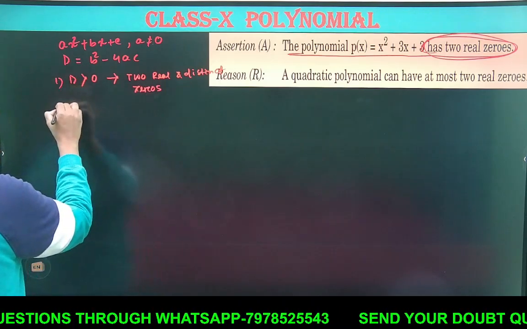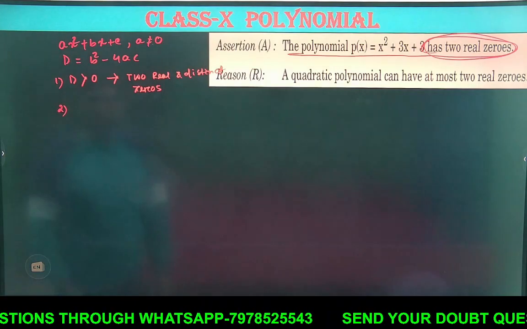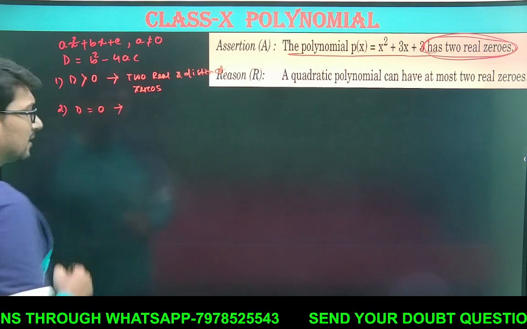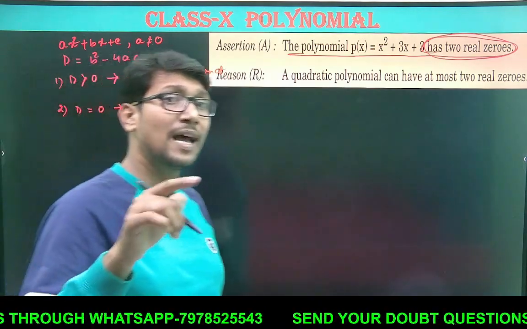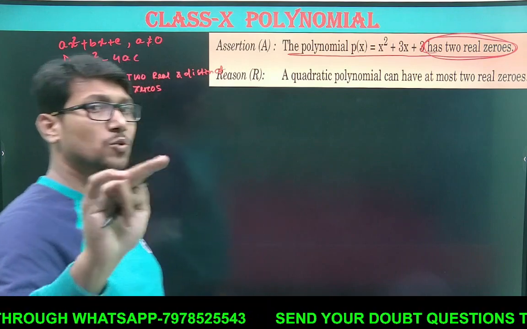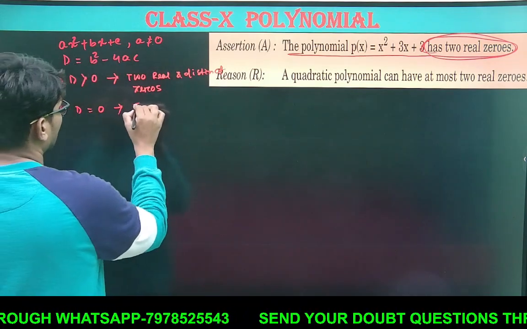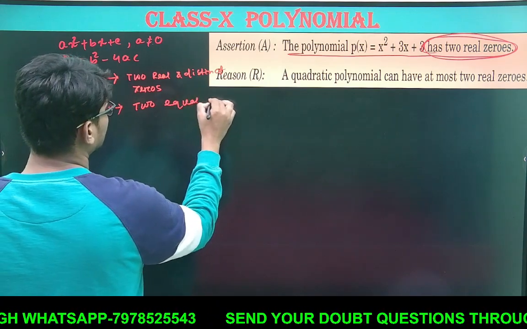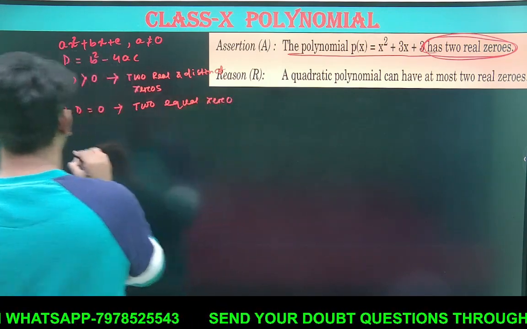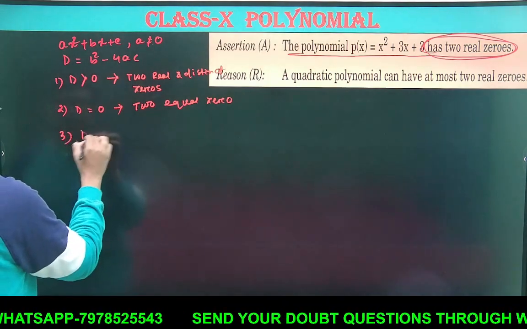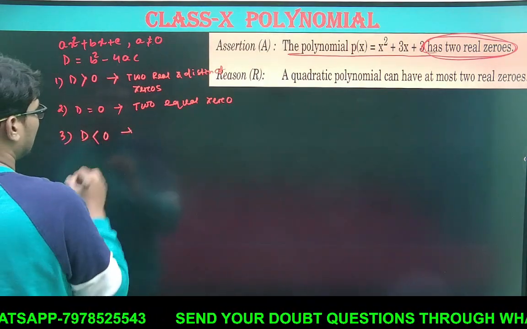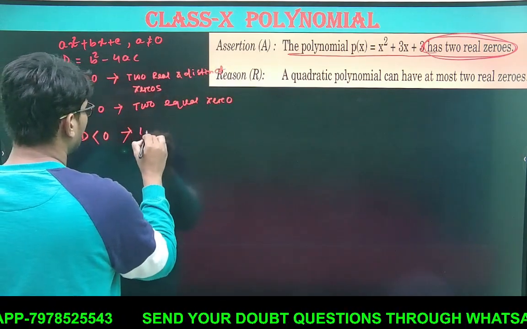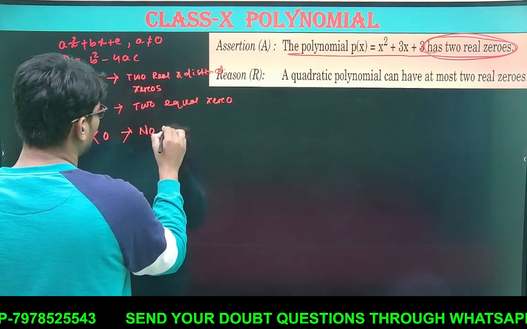And the second case is about the nature of the zeros. If D is equal to 0, that polynomial will have two equal zeros. And the third condition is, if D is less than 0, then it will have no real zeros.